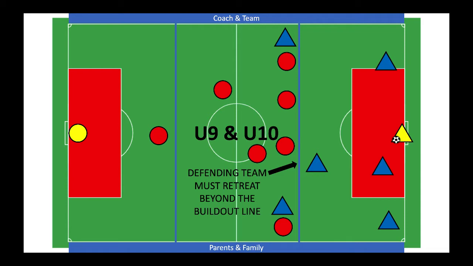The idea here is that the goalie can make a quick pass to one of their players, and then you can start to build up. As you move forward from the back, the players in the front are going to move toward the opposing goal, and it spreads out the field of play and gives them more opportunities to make passes and make better decisions. So that's just a little bit about the build-out line.